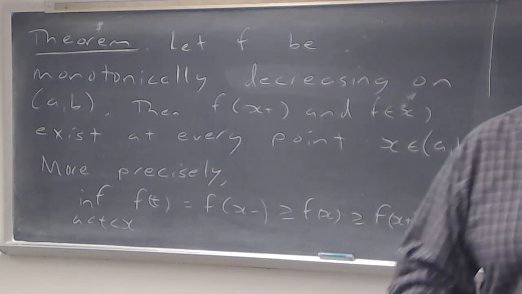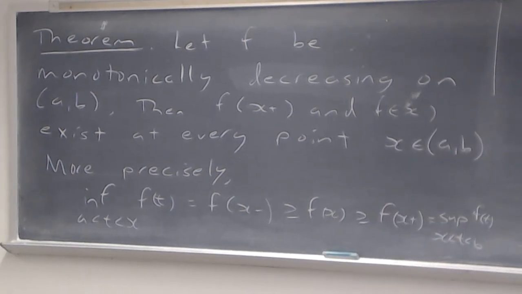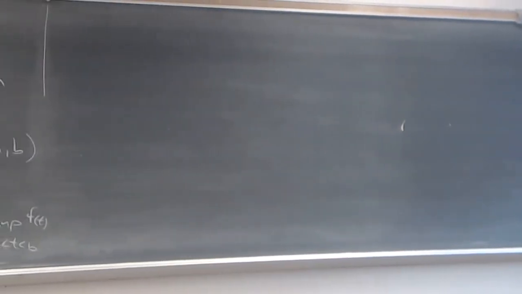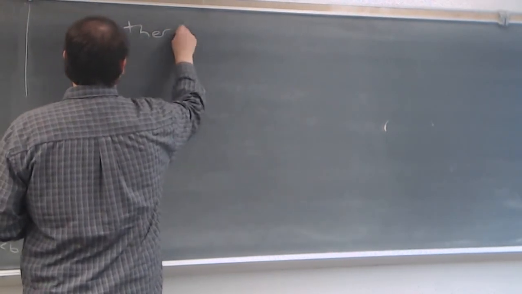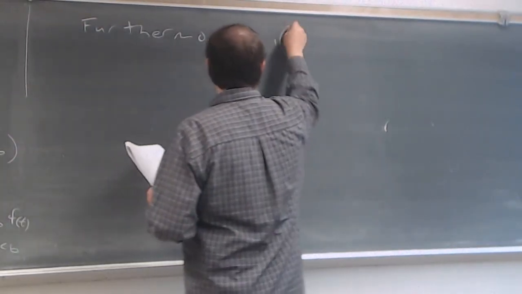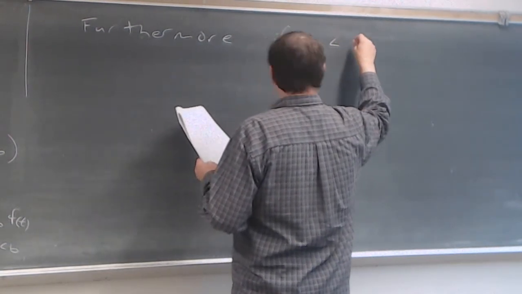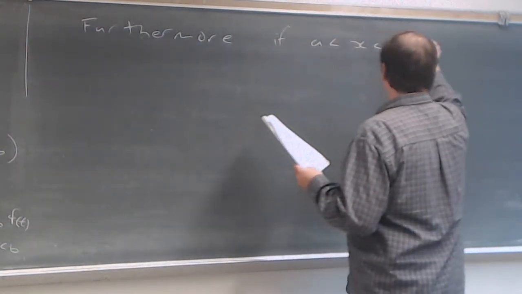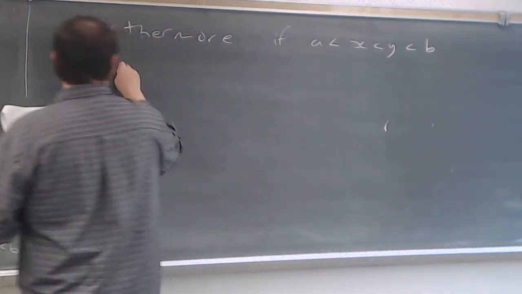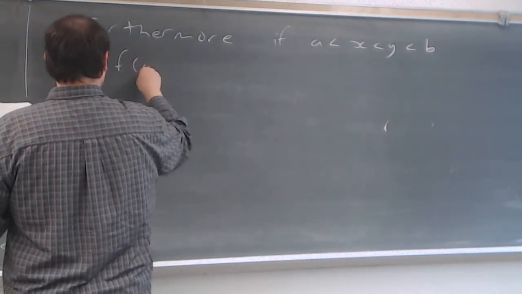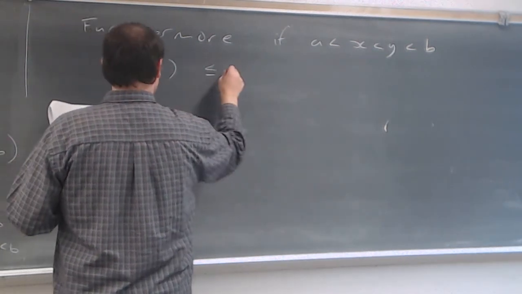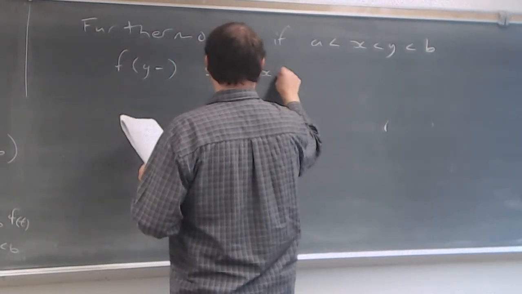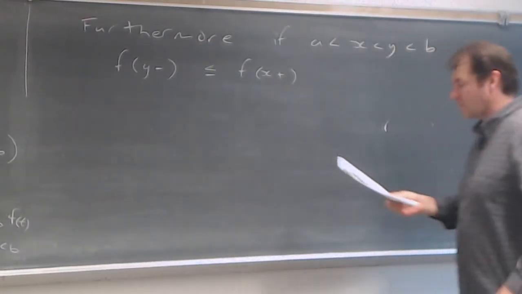And of course, there was one more statement associated with this. Furthermore, if a is less than x is less than y is less than b, then the left-handed limit at y will be less than or equal to the right-handed limit at x.